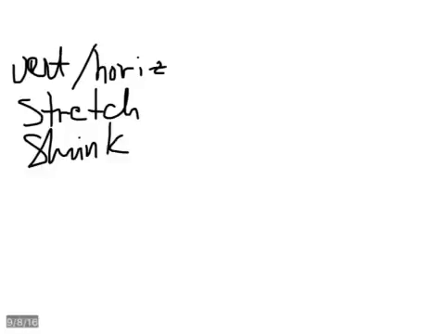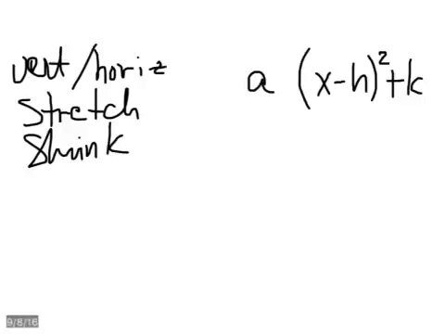Okay? If the A is outside, what would that do if the number's on the outside? Vertical or horizontal? Vertical. So this goes vertical because the A is outside.